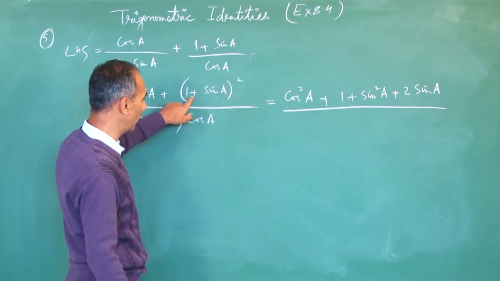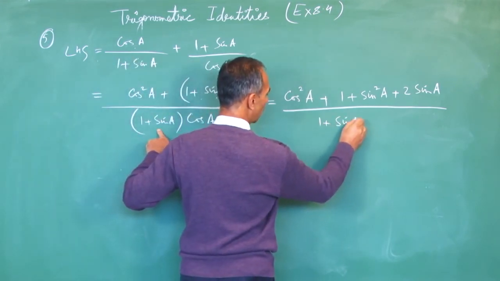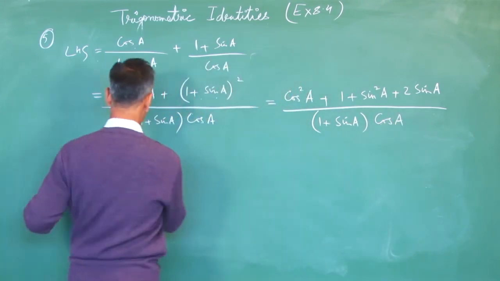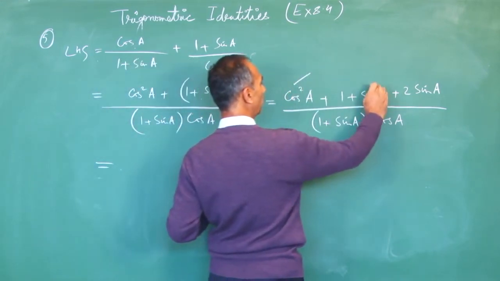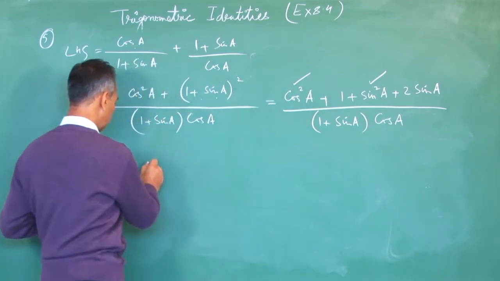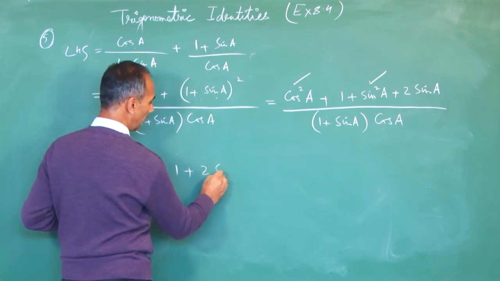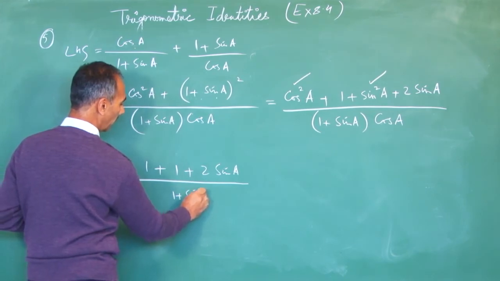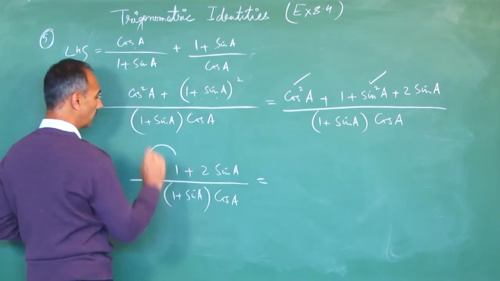And the denominator is as it is, 1 plus sin A into cos of A. Now, we can combine, my dear friends, cos square plus sin square. Cos square A plus sin square A is nothing but 1. Plus you already have one more 1. Plus 2 sin A. Whole upon 1 plus sin A into cos of A. 1 plus 1 sums up to 2.